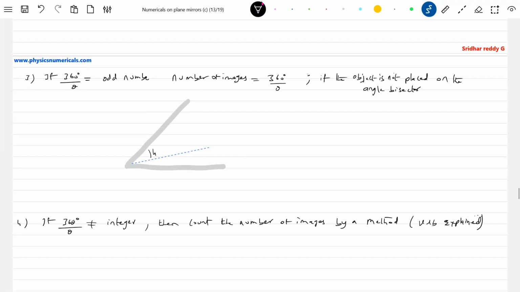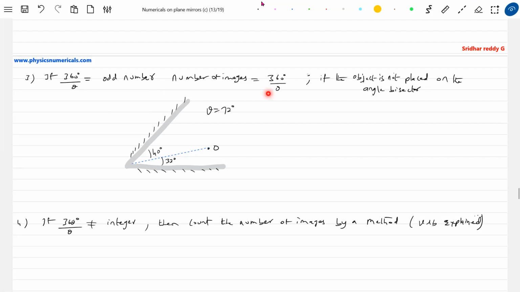The sum of this will be 72 degrees. So the angle between the mirrors, theta, is 72 degrees. Now look at that: what is 360 degrees by 72? It will be fine, and it's an odd number.